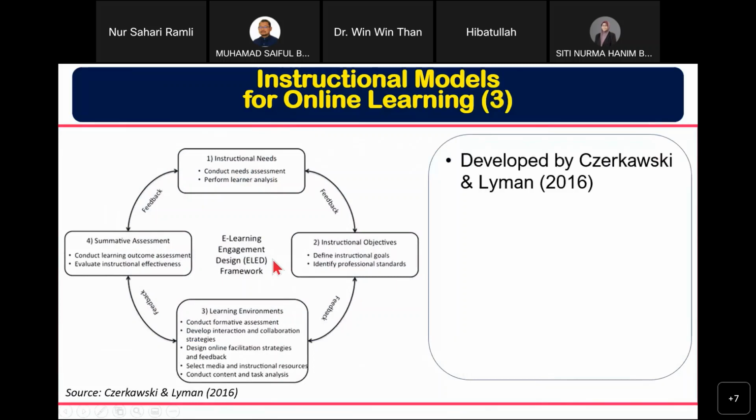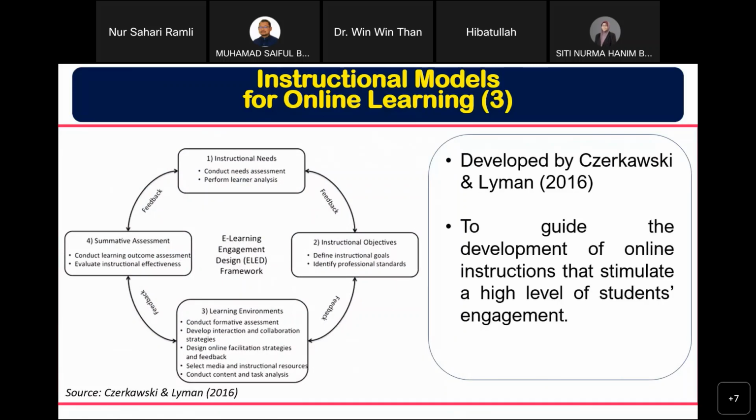This one was developed by Tchaikovsky and Lyman, and the purpose of its development is to guide the development of online instruction that stimulates a high level of students' engagement. Because our goal is also to tackle the issue of disengagement, we think that ELED was the most suitable to be adapted into this study.